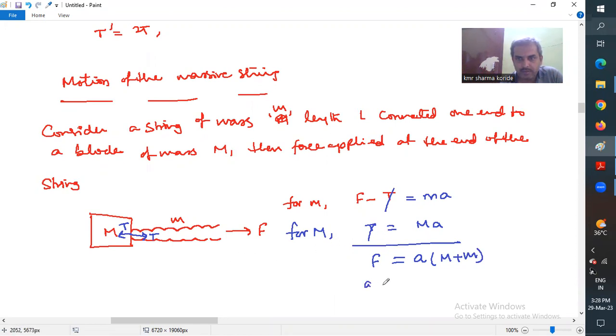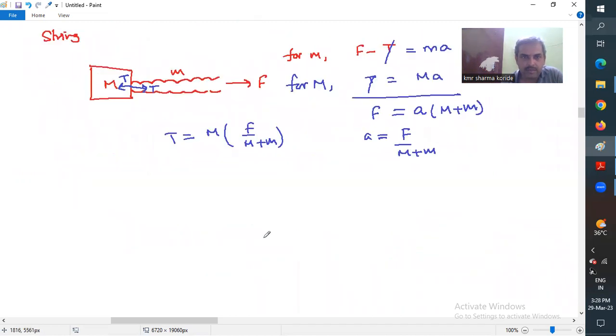So a is equal to F by m plus M. So tension is equal to M of F by m plus M.